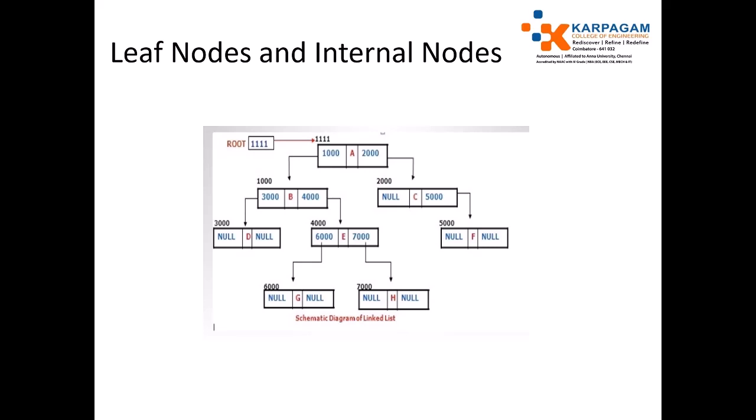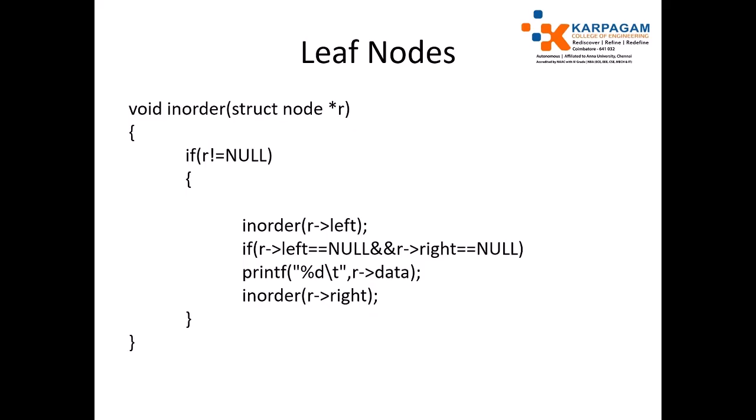To solve this problem, take the inorder traversal routine. We have a function which accepts one argument, and we check the condition R not equal to null, traverse the left subtree, print the data, and traverse the right subtree. Here I have applied one constraint.